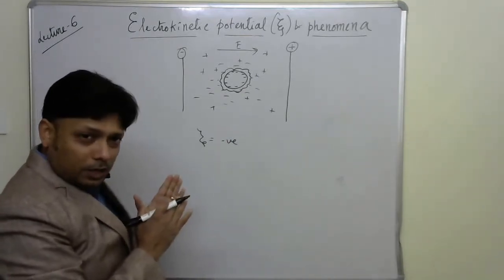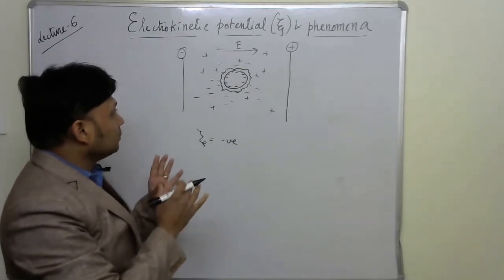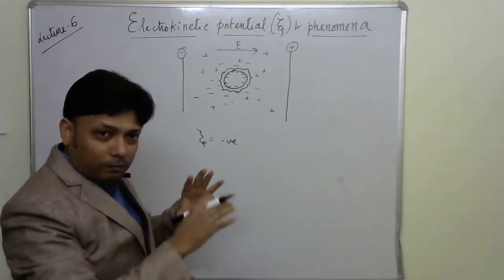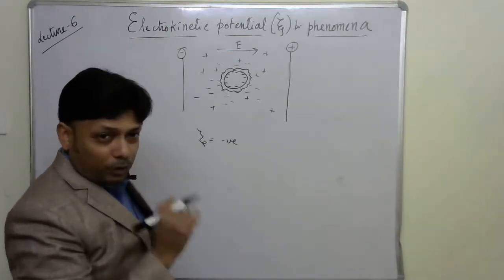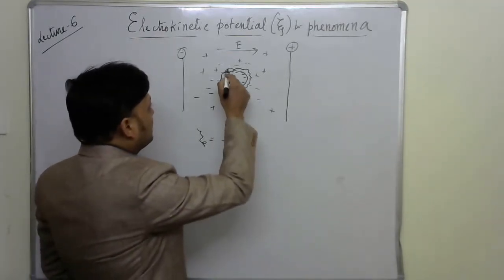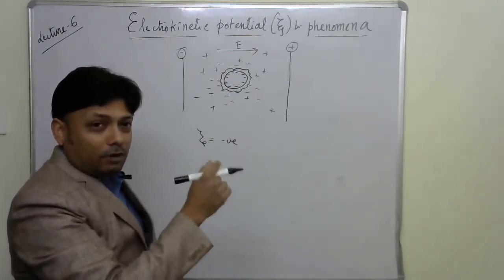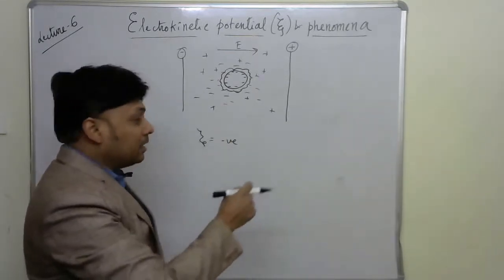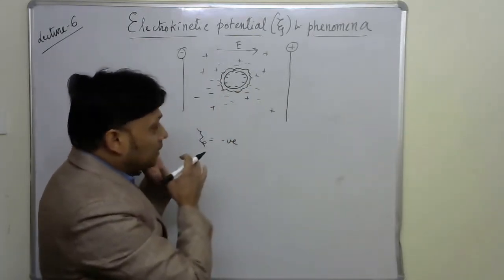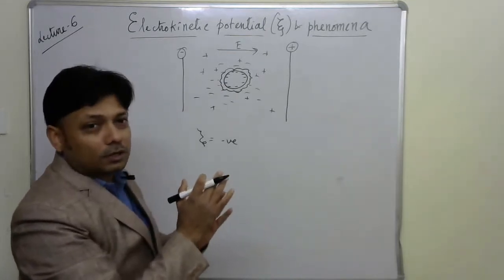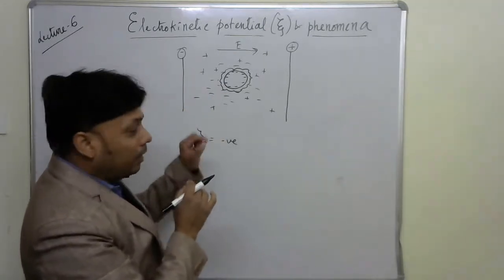So when the particle starts to move, it would take along with it whatever substance is present around it, and we know that it can take the maximum of the substances residing within the surface of shear. So from the surface of shear, the dislocation of the particle with respect to the diffuse double layer would start.